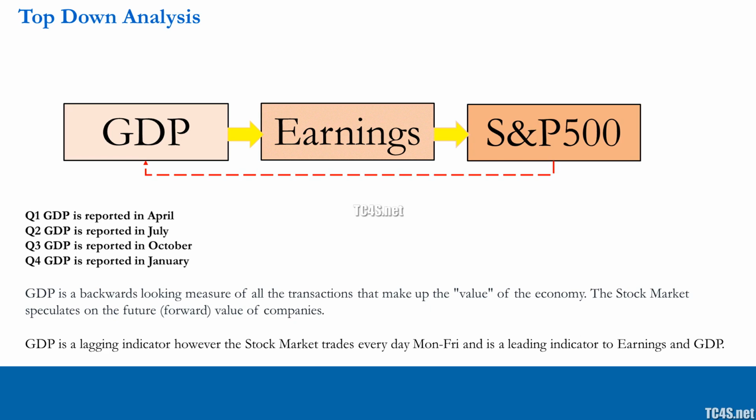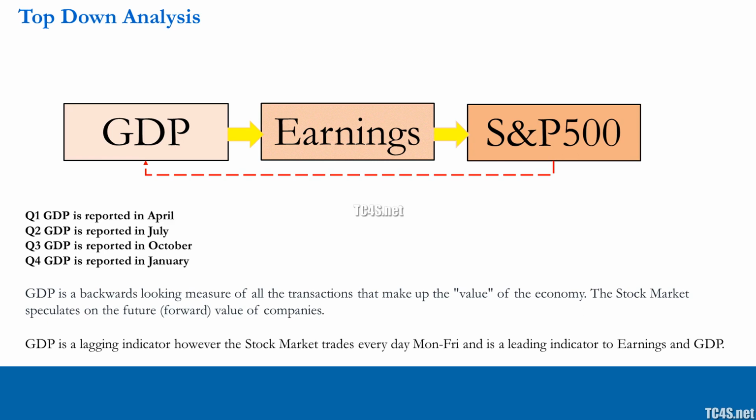So, by its very definition, gross domestic product, GDP, is a backwards-looking measure of all the transactions that make up the entire value of the economy. However, the stock market itself speculates on the future, so forward value of companies via earnings, okay? So GDP is, by definition, a lagging indicator. However, the stock market trades every day, Monday to Friday, and is therefore a leading indicator to earnings and GDP.